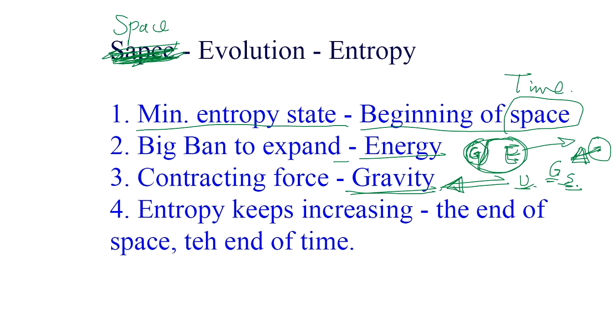Okay, at that time entropy increased so much, and we don't know what the end of time is like. That's the physicists' job to find out. But this is perfectly an example of historical dialectical materialism.